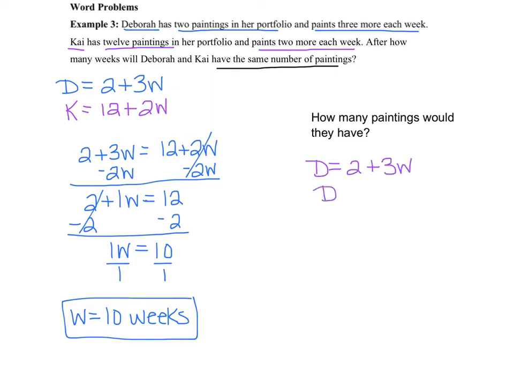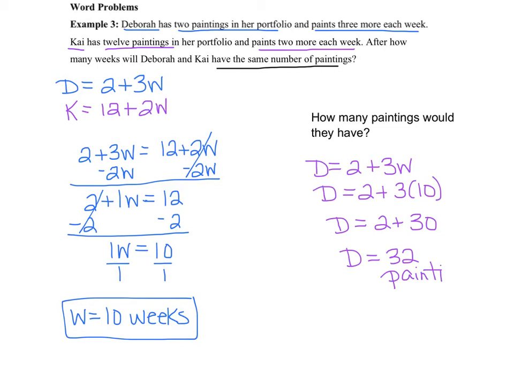We found out that our W is equal to 10, so 2 plus 3 times 10. So we have 2 plus 3 times 10 is 30. Therefore, it would be 32 paintings they would have. And that is your answer.